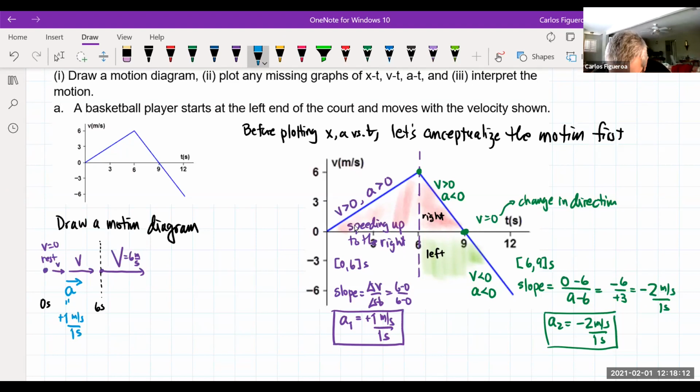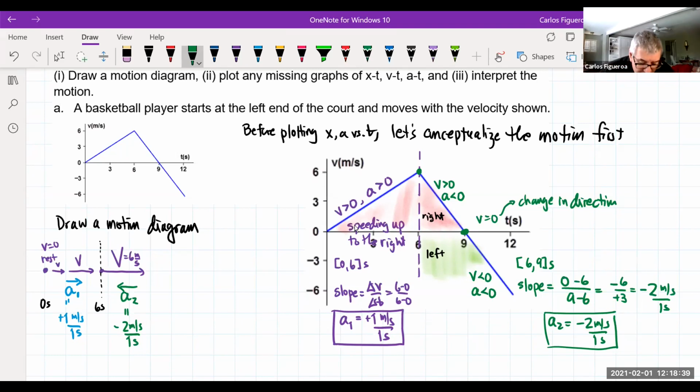So now what happens after 6 seconds? I start to slow down. How am I slowing down? Well, this acceleration now is my green acceleration, which I labeled as 2, and I should have labeled that as 1. So this green one says that I am changing speed by 2 meters a second every 1 second.